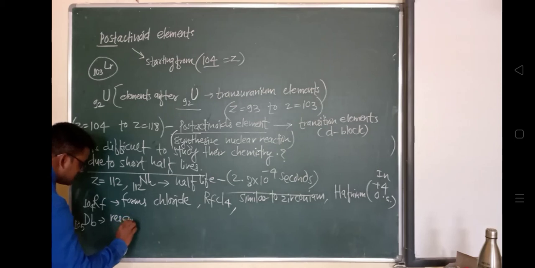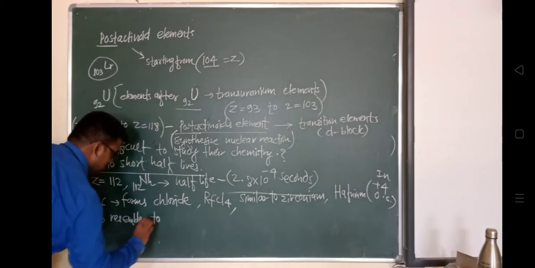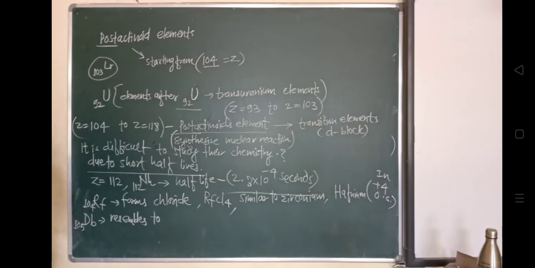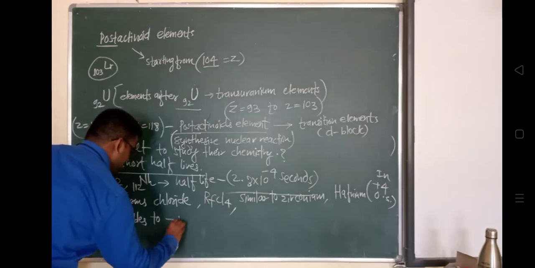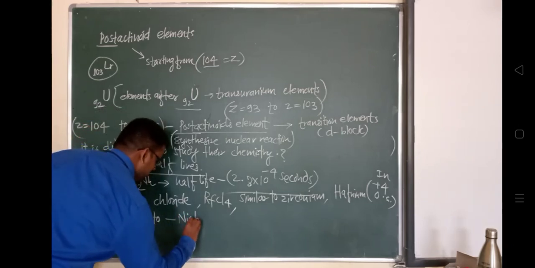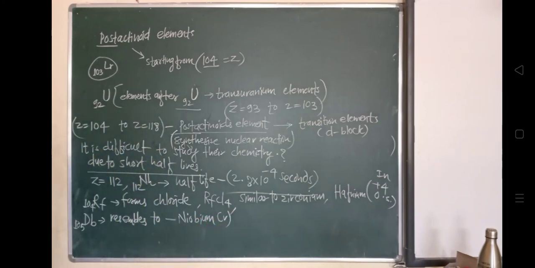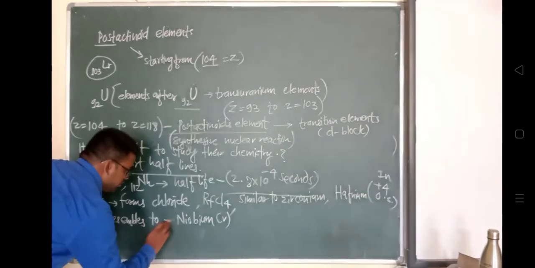So what are post-actinoid elements? They start from atomic number 104 after lawrencium, because the actinoid series is present till lawrencium. After uranium, the actinoid elements are referred to as trans-uranium elements, from atomic number 93 to 103, lawrencium.